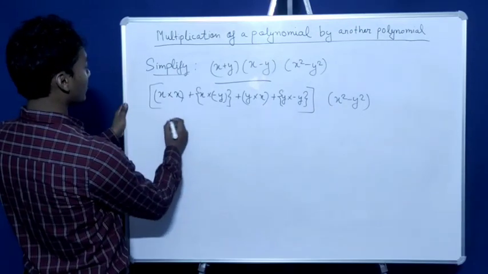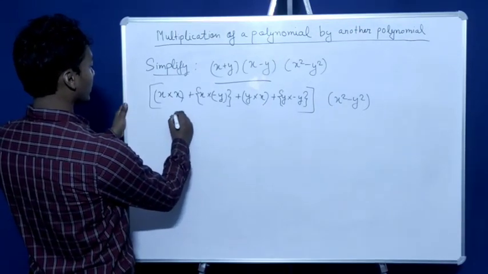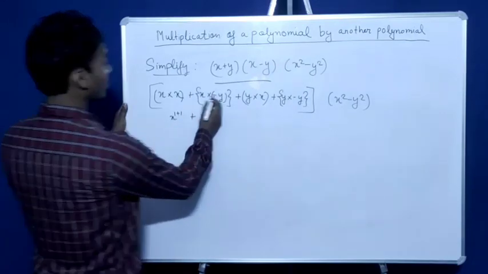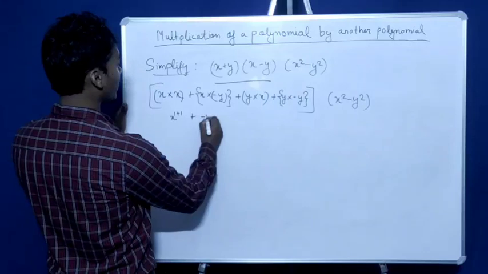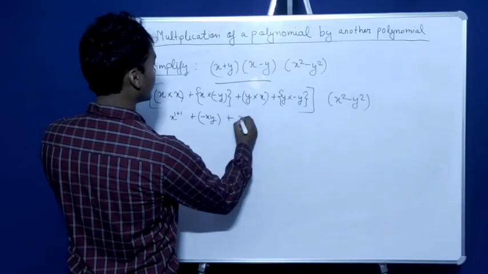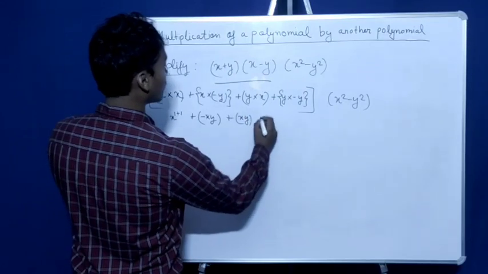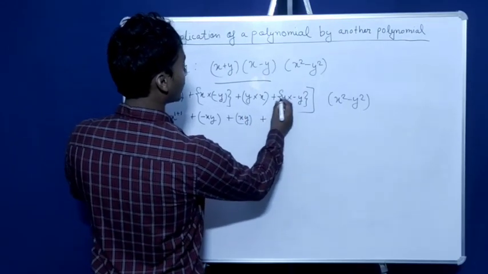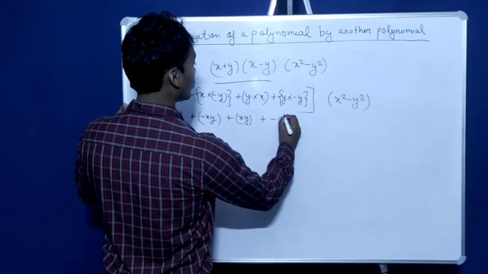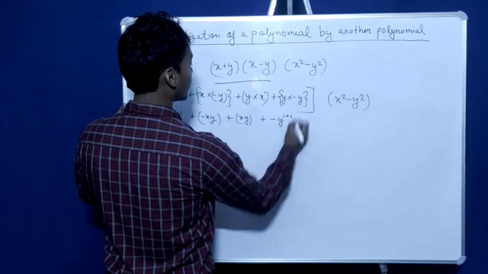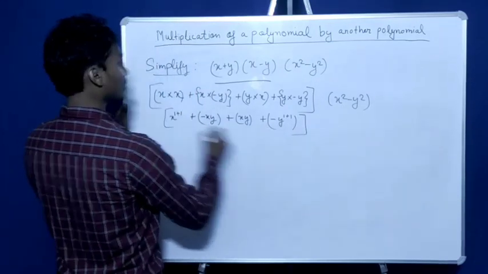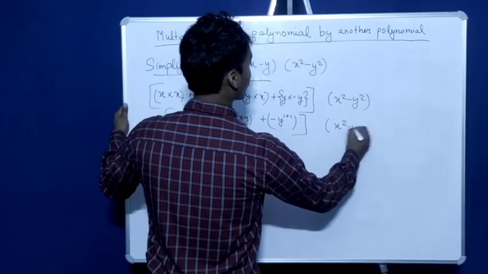So let's solve it. x times x will give you x raised to the power 1 plus 1. Then negative y and x will give you negative xy, plus y times x will give you xy, plus negative and positive will give you negative, and y raised to the power 1 plus 1. Okay, so x square minus y square.